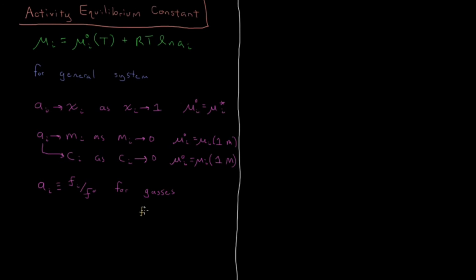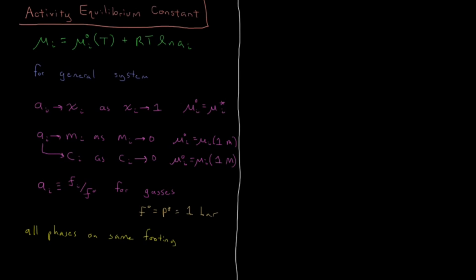So I'll say that standard fugacity equals standard pressure, which is equal to 1 bar. But now for ideal gases, fugacity just becomes pressure. But the nice thing about having defined activity in this way for all types of systems, this works for solids, liquids, solutes, gases, everything, is that all phases are on the same footing relative to defining their chemical potential and thus the Gibbs energy and chemical equilibrium.